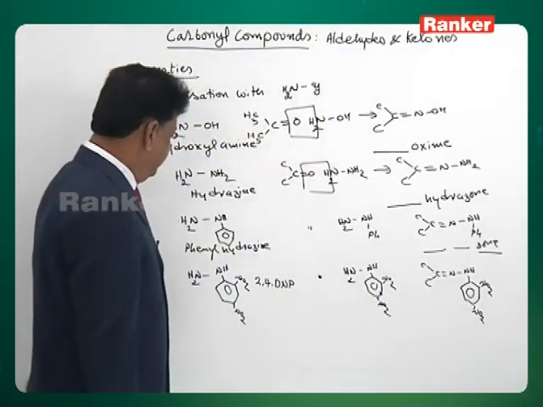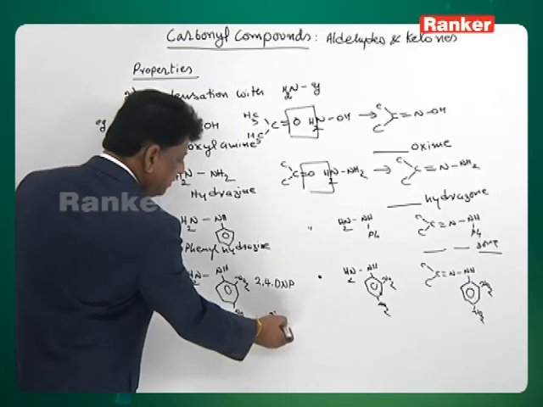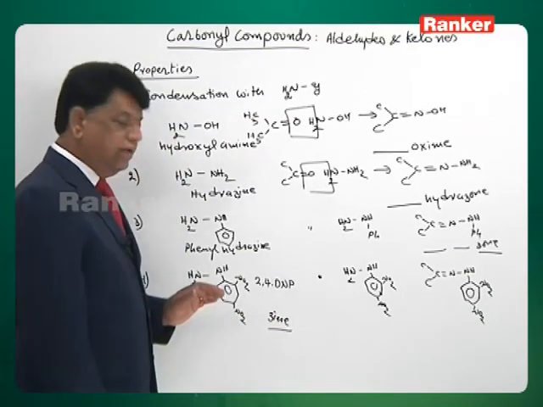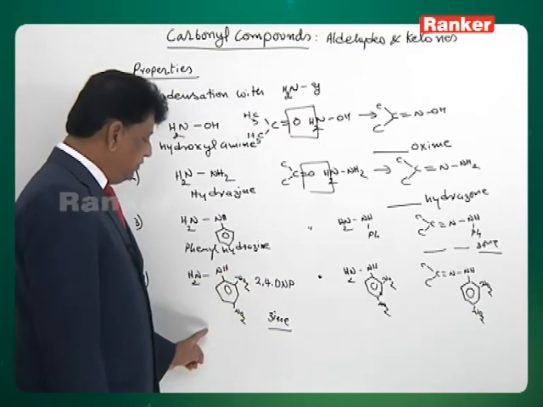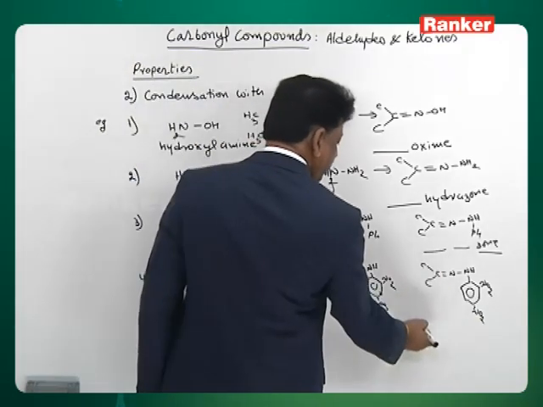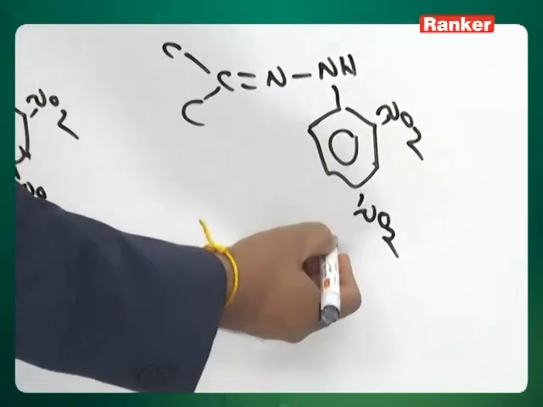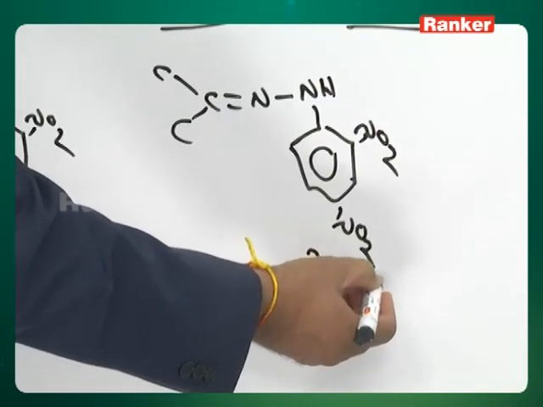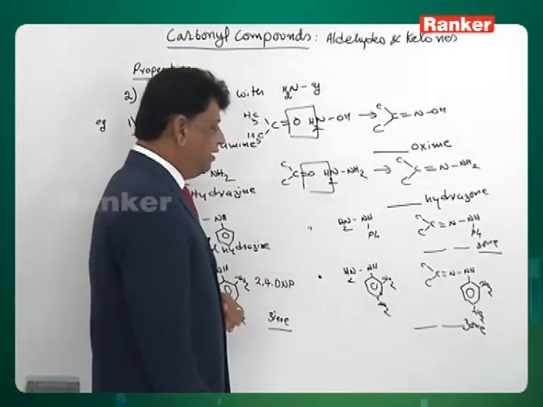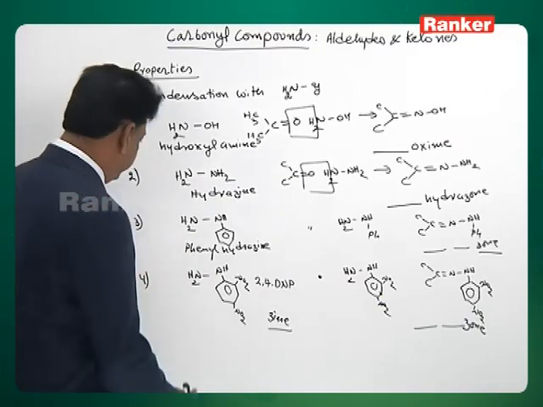Again, the reagent ends with Z-I-N-E. The reagent name is 2,4-dinitrophenylhydrazine. The answer name will be the carbonyl compound name, then the name of the reagent ending with Z-O-N-E. All these names are commonized, and we have a similar type of nomenclature.